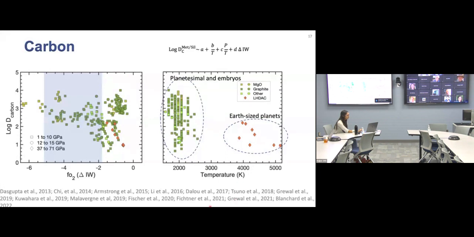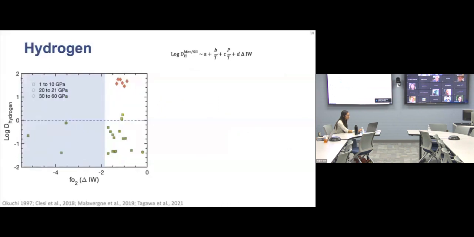So, the final element that we reviewed was hydrogen. Hydrogen is the most abundant element in the cosmos, but its role in planet formation is not really well understood. One of the reasons is that hydrogen is also the smallest atom, and it's very difficult to contain in experiments, which makes it hard to measure its composition.